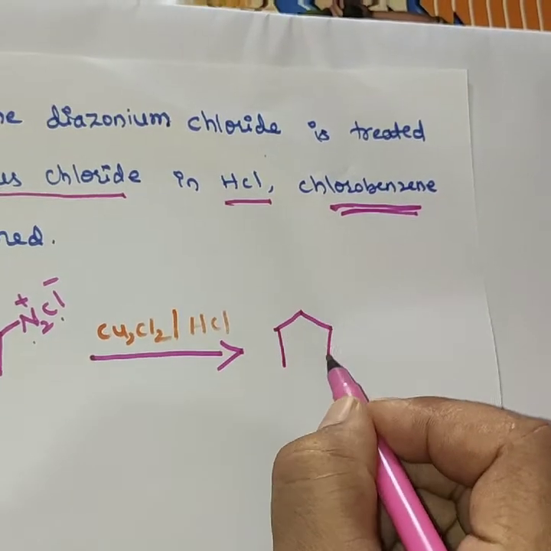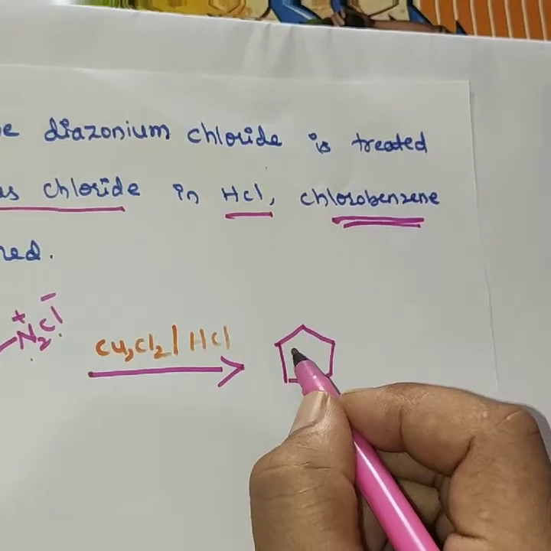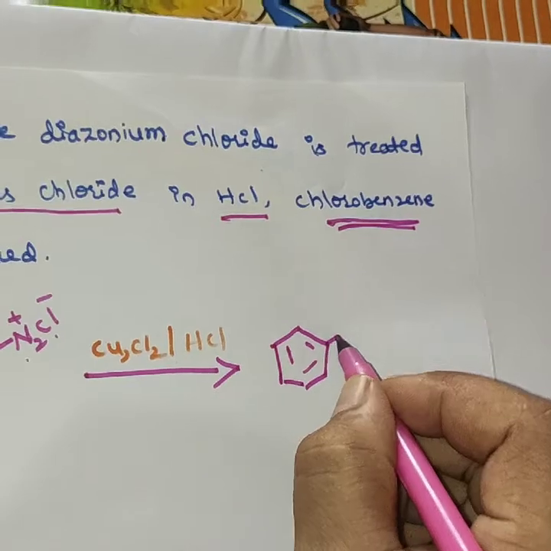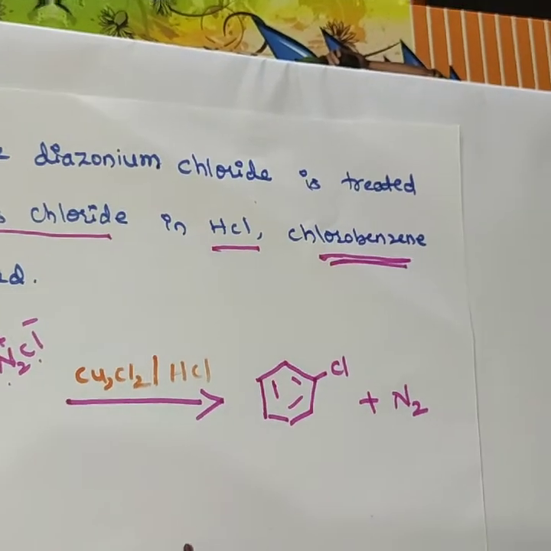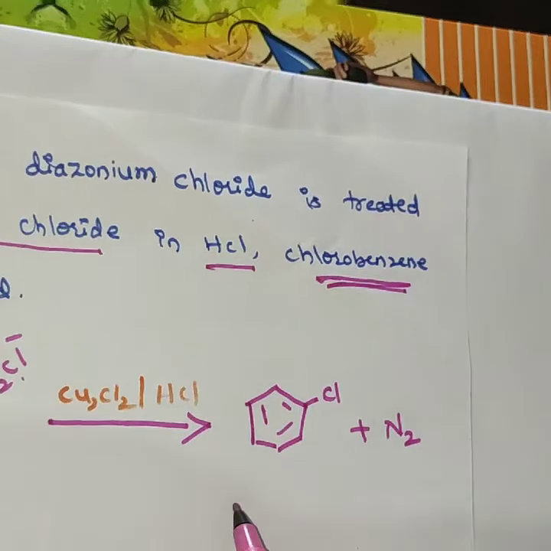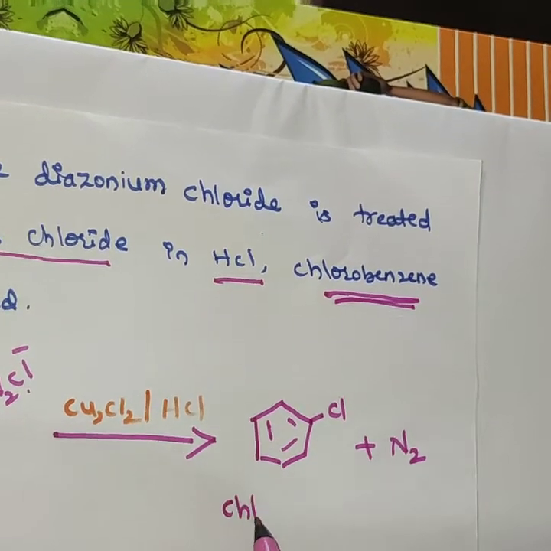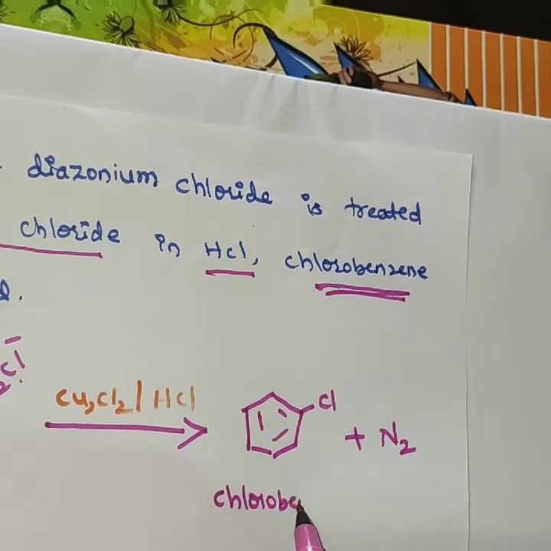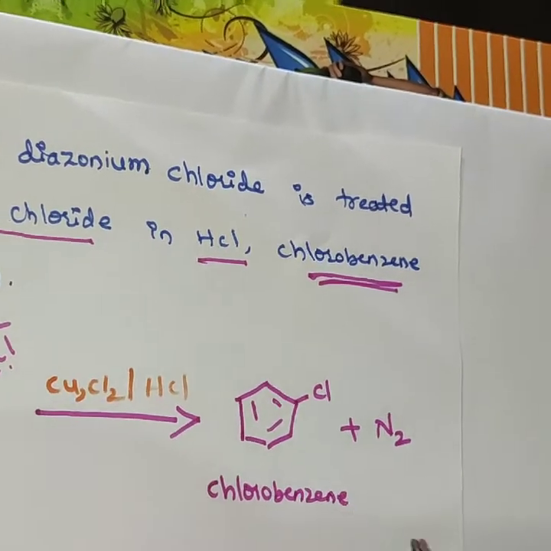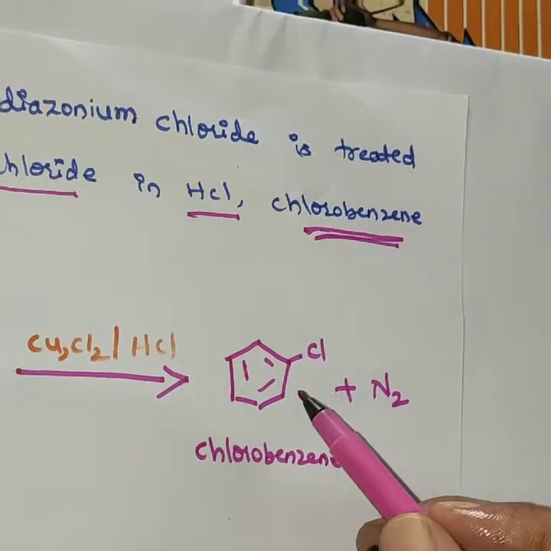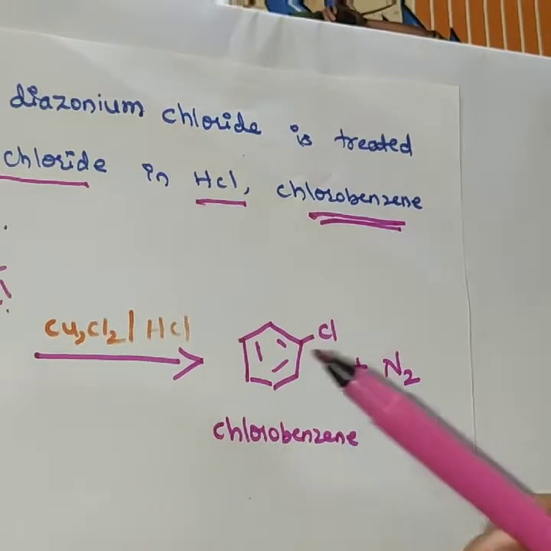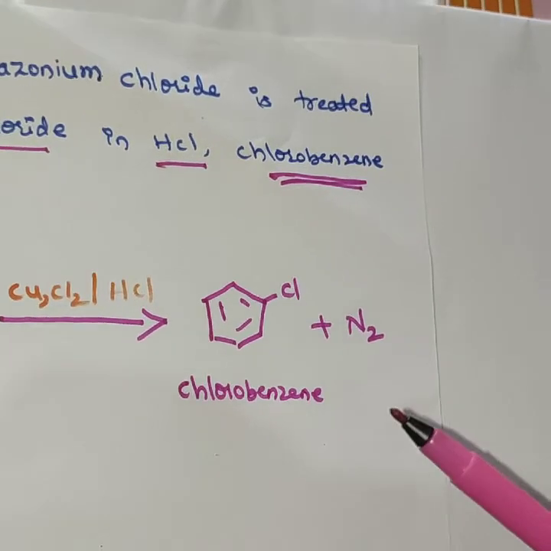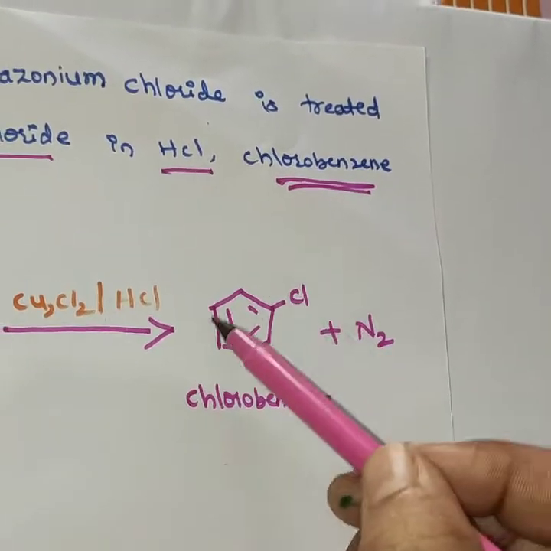Here we should write Cl and the removal of the N2 group. This product is known as chlorobenzene. In the beginning I mentioned that in Sandmeyer's reaction the main product is aryl halides.